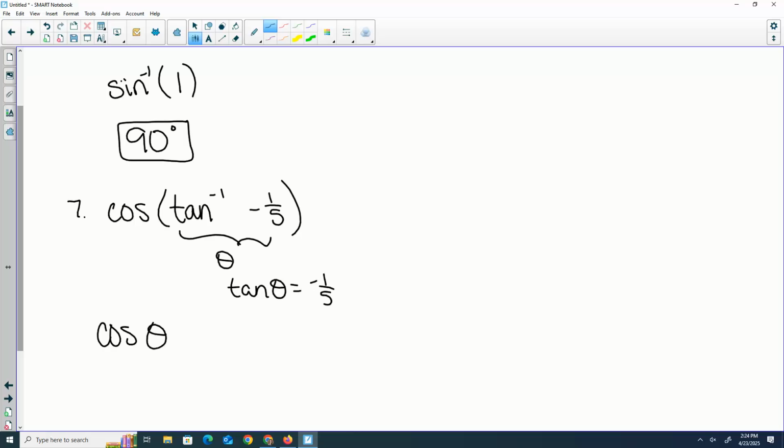Tangent inverse could be in quadrants 1 or 4. Since it's negative, we're in quadrant 4. Tangent is opposite over adjacent. So we use the Pythagorean theorem to get our missing side.